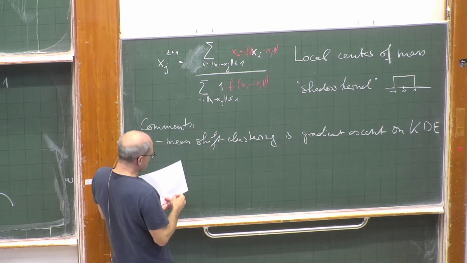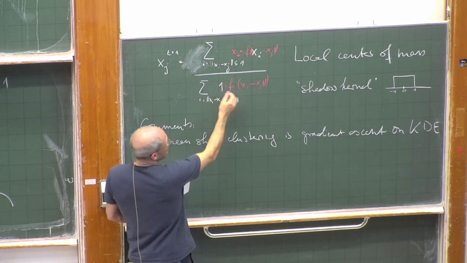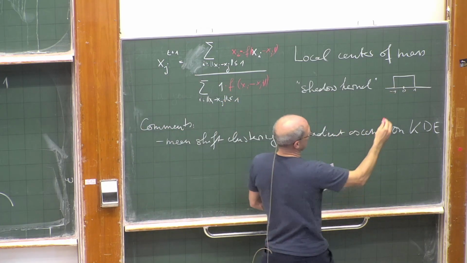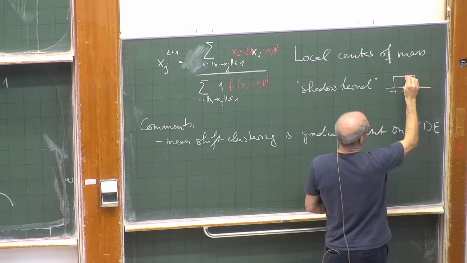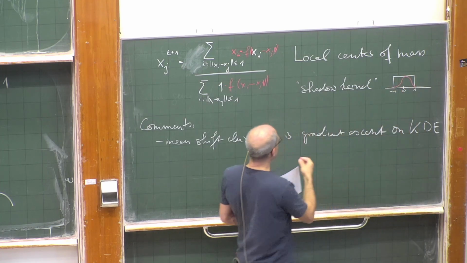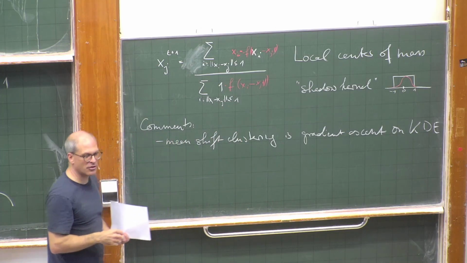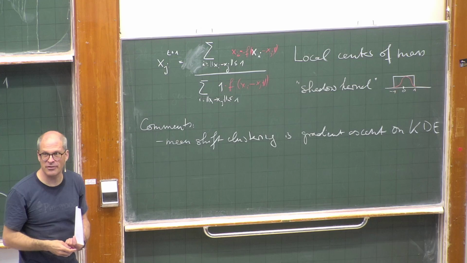And if we do so, we can pick other kernels than this one here, like we can pick something smoother, for example. And then this will correspond to gradient ascents on kernel density estimates with a different kernel.